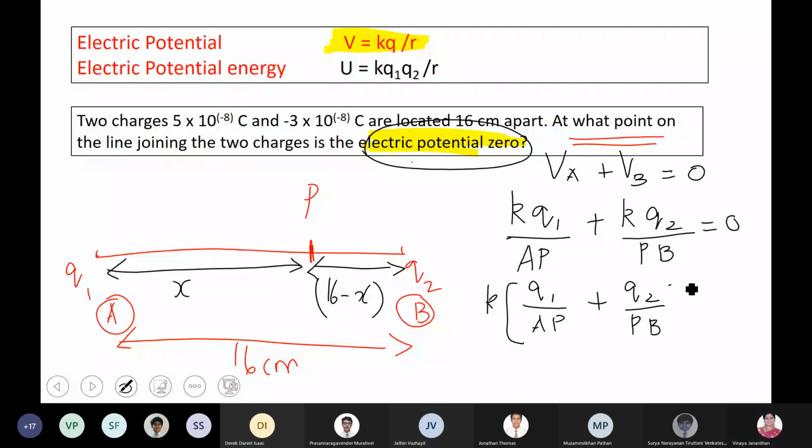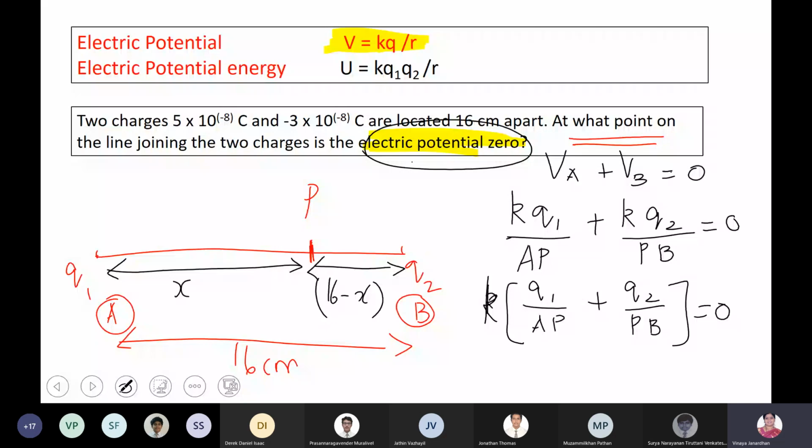Now I'll take K to the other side. What will happen? Q1 by AP plus Q2 by PB is equal to 0. Will you be able to find what AP is, boys?